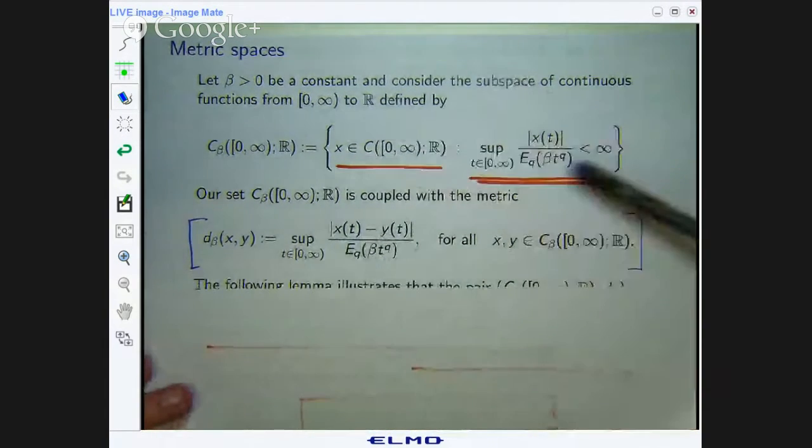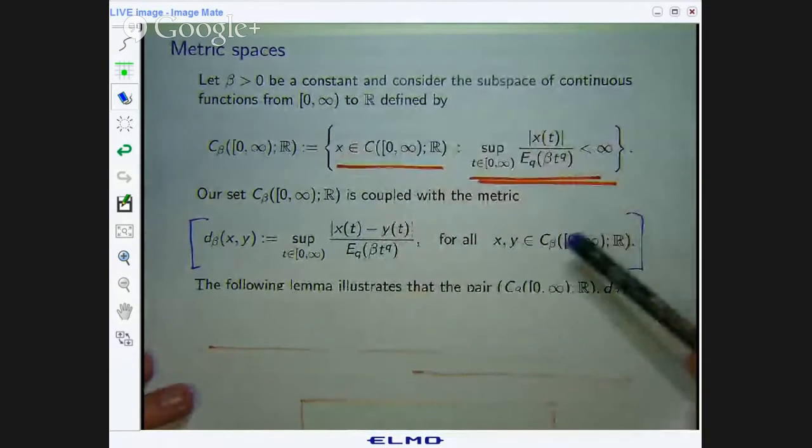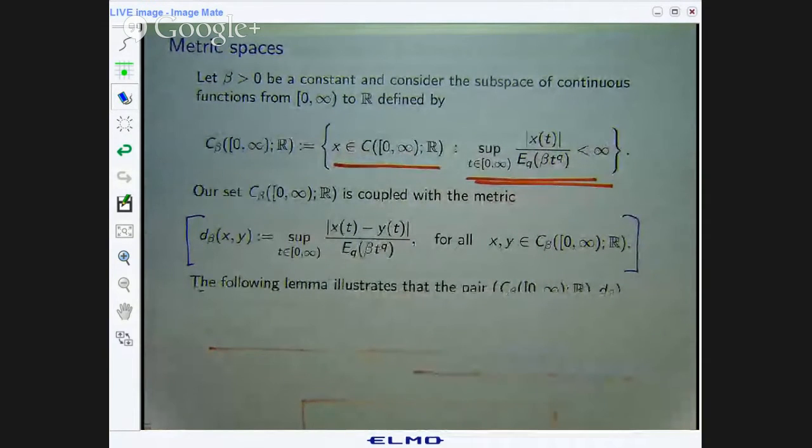Then basically you've got a set and a way of measuring distance between points in that set. Now, why would you want to measure distance? Well, it gives you a sense of convergence, and that's going to be really important in our analysis.